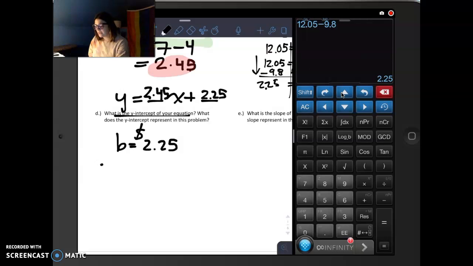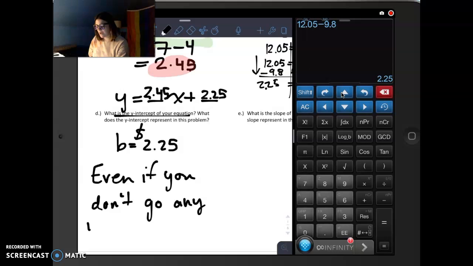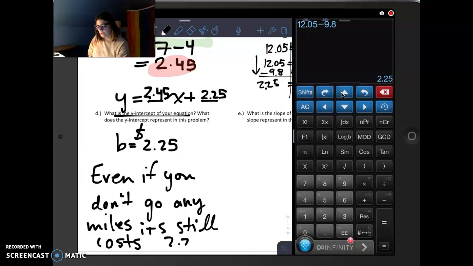So you could say something like, even if you don't go any miles, so 0 miles, it still costs $2.25. And you can think about that too.